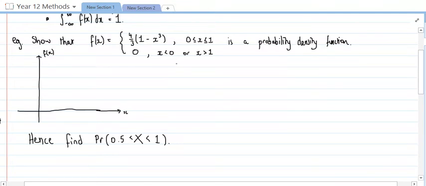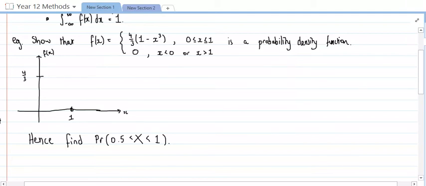Both ways are acceptable. So the first thing I'm going to do is sketch this. Now 4/3 times (1 minus x) cubed has an x-intercept at 1 and it's going to be a point of inflection, so I'm just going to put 1 there. If we calculate the y-intercept for this, it should be 4/3. I should be labeling these with their coordinates, but I'm just being a little bit lazy here.